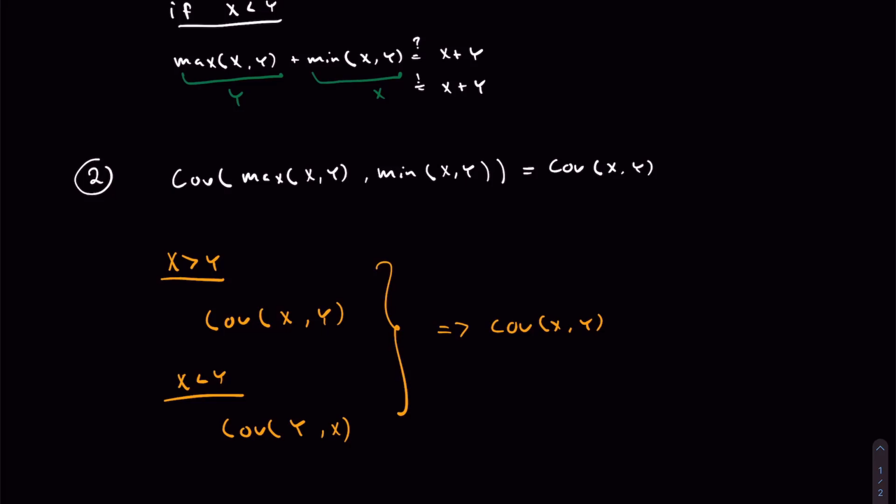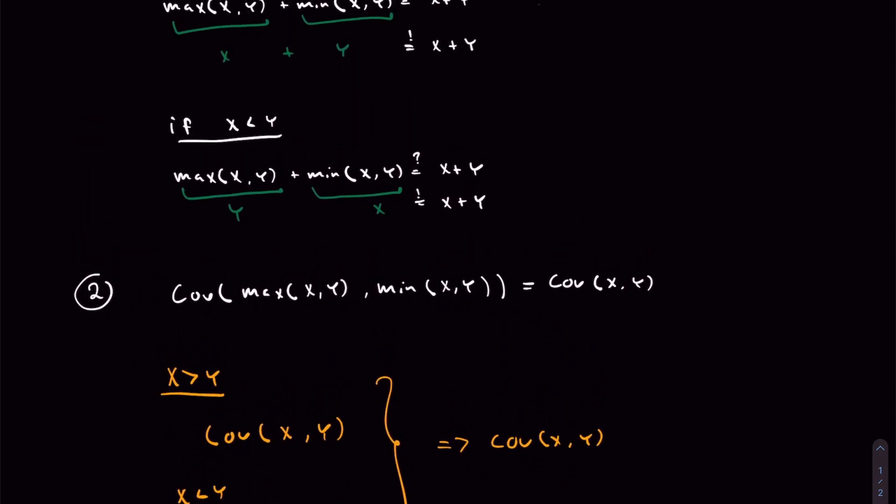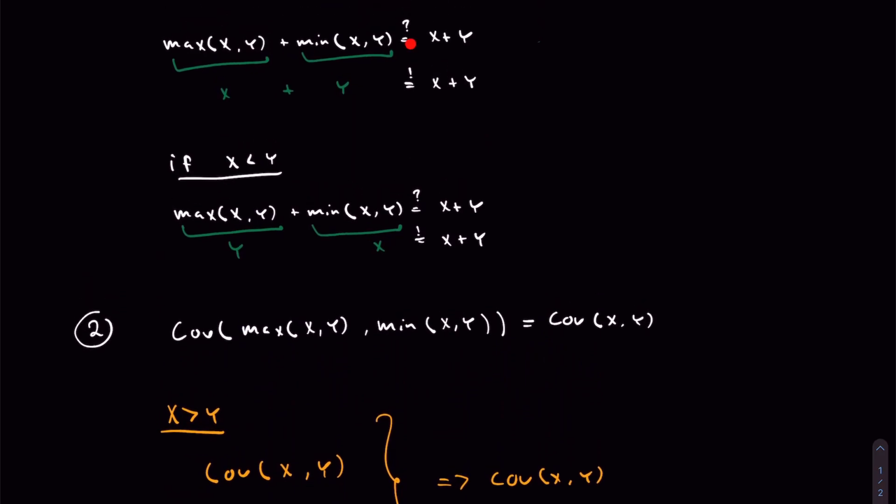And I'll show you now in the following reasoning why this way of arguing is actually incorrect. The essence of it is that these equalities just happen to coincide. It's not that these terms are indeed equal to these things.